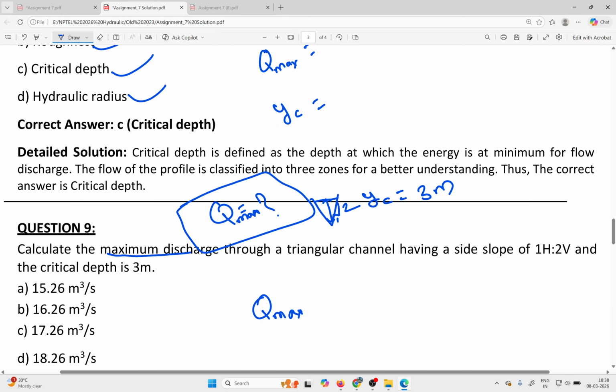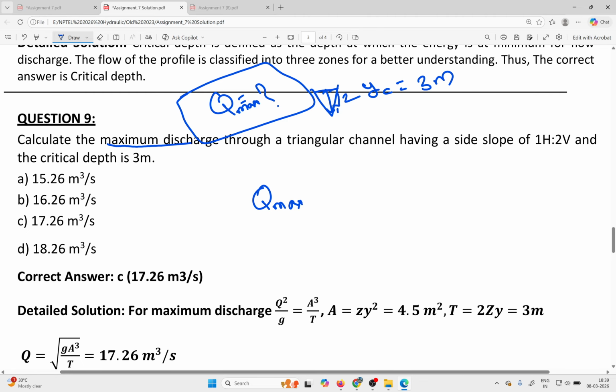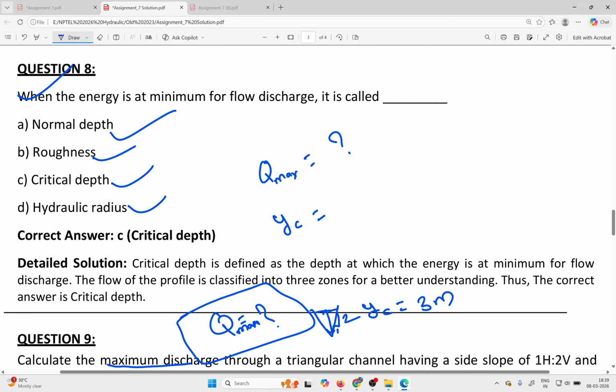This maximum discharge is possible when you have the critical flow, that is, Froude number 1. At critical flow, as we have seen here, for a particular discharge, your energy is minimum.